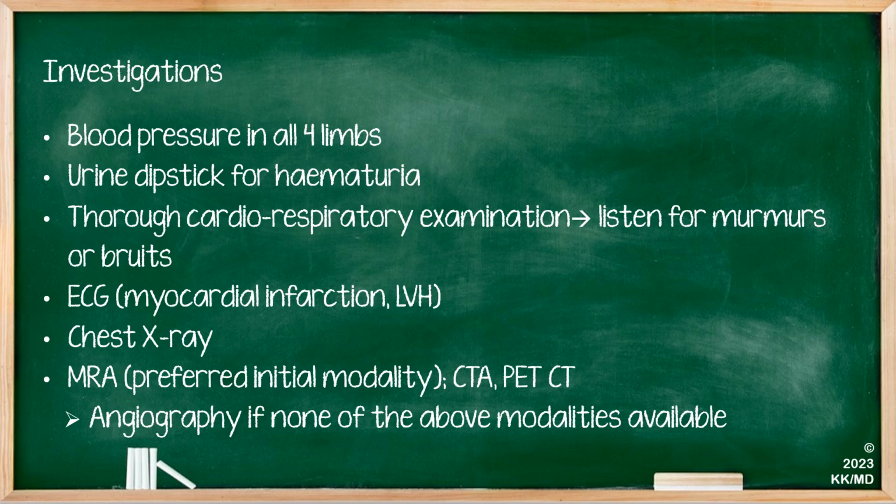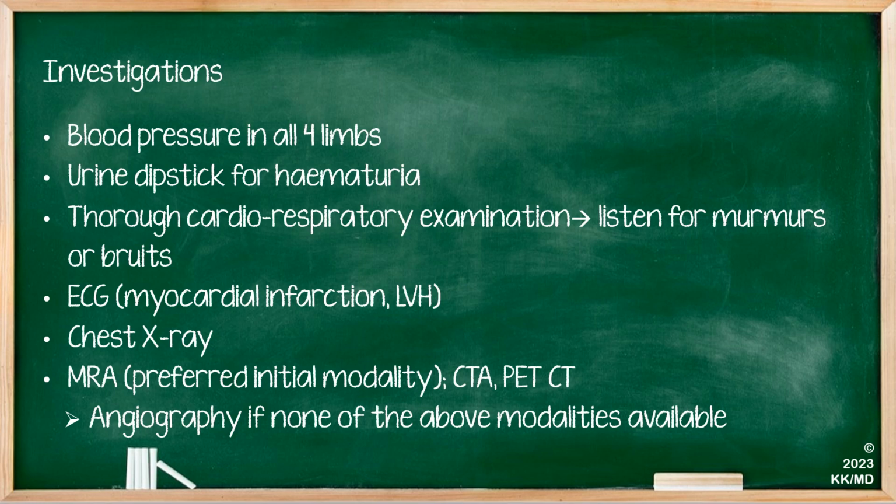You of course would want an ECG. Bear in mind, as I mentioned earlier, one of the commonest features is angina or MIs, so you would want to look for any evidence of acute coronary syndrome or left ventricular hypertrophy as a result of chronic uncontrolled high blood pressure. You would want to have a chest x-ray, and that's really something you should be doing for anyone presenting with chest pain or angina.